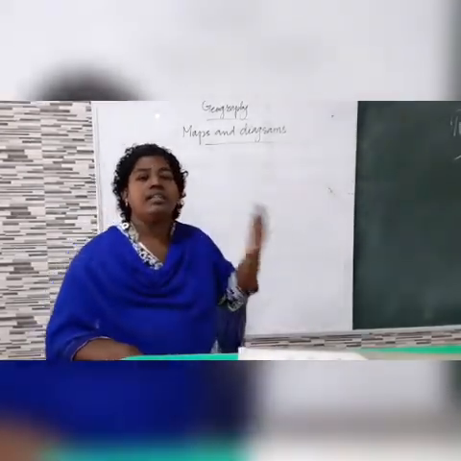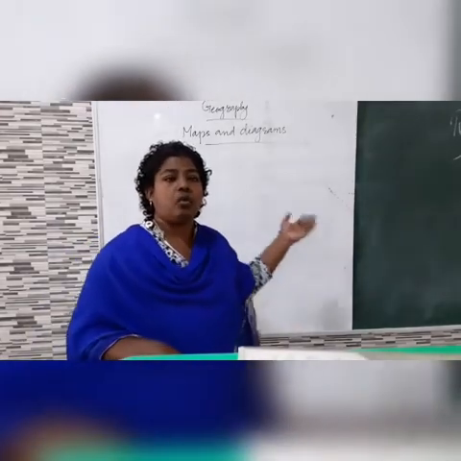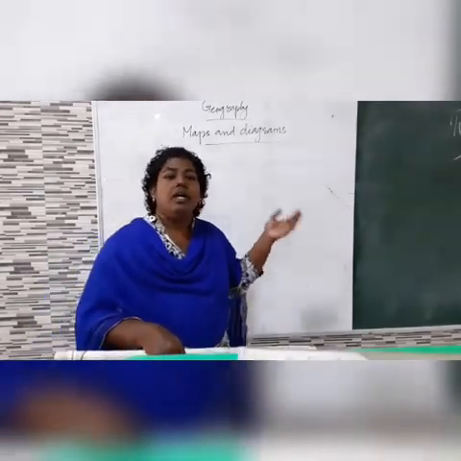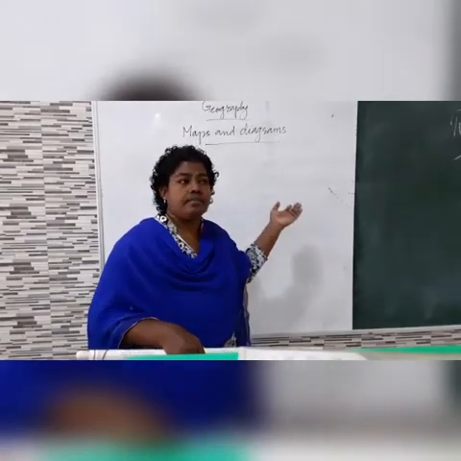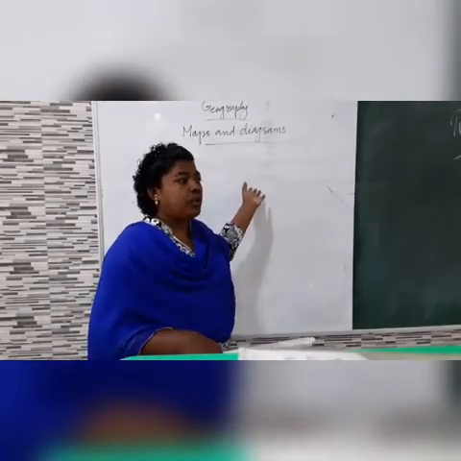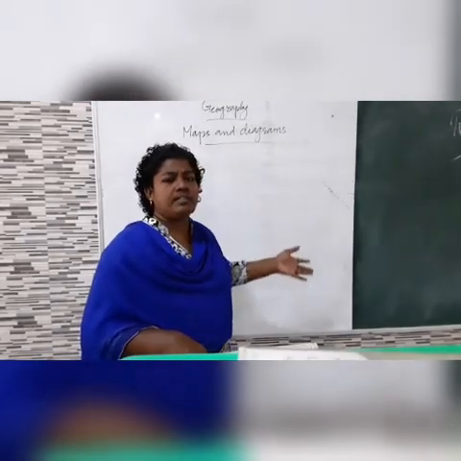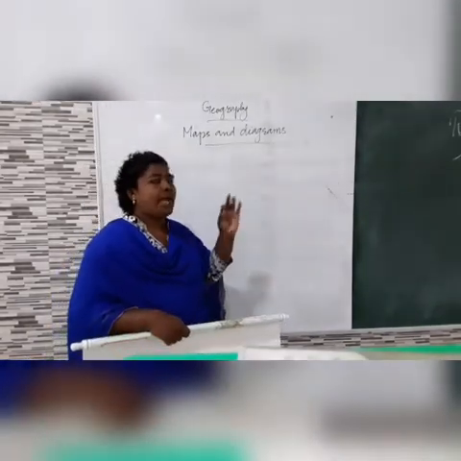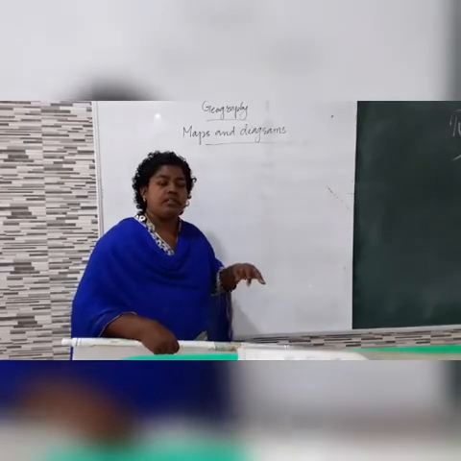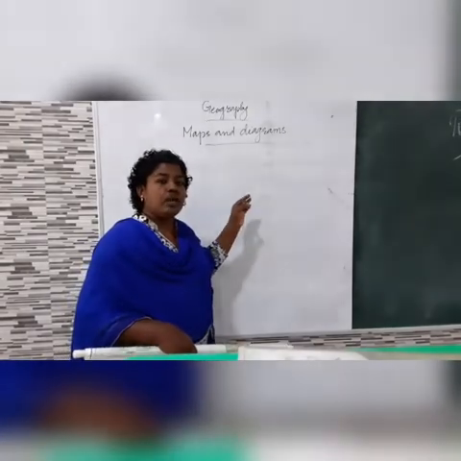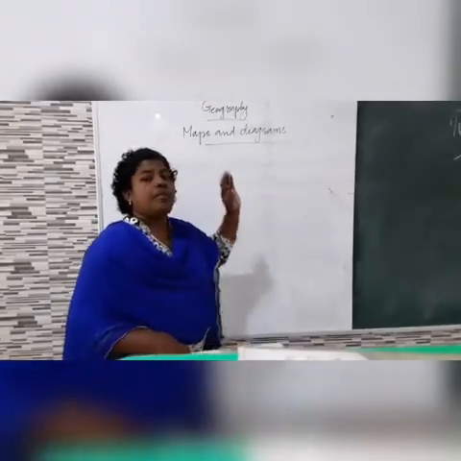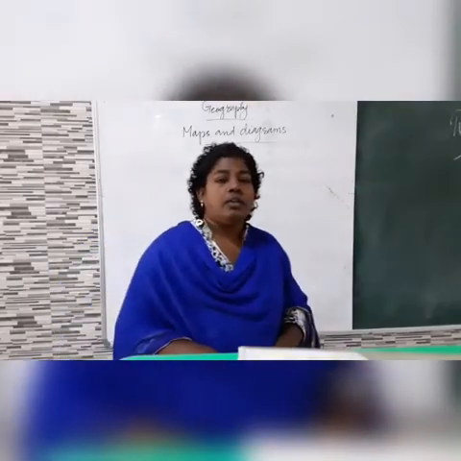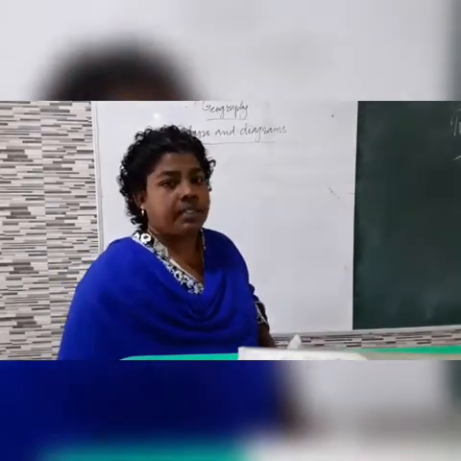All the things made by man, like roads, settlements, railway track, telegraph, and network of roads. So both the man-made features and the natural features are considered as geographical representations.